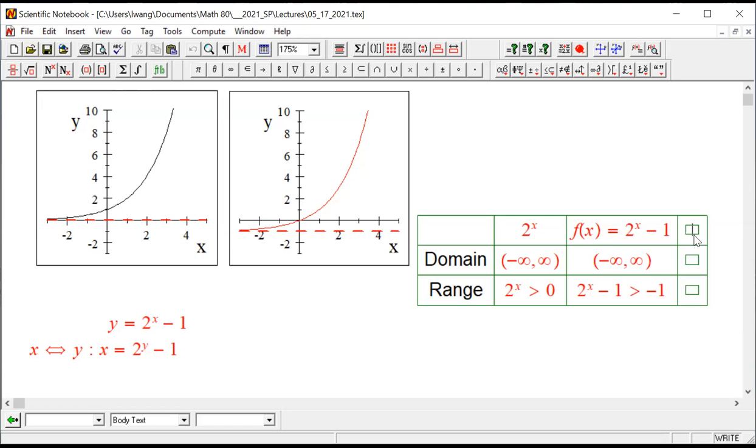And that inverse, we don't know what it is, but we already know its domain and range. The domain would be larger than -1, and the range would be swapped.